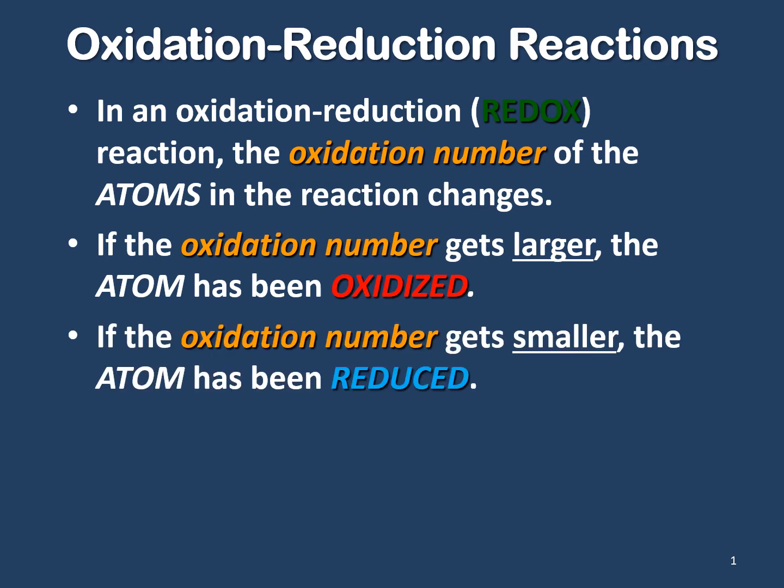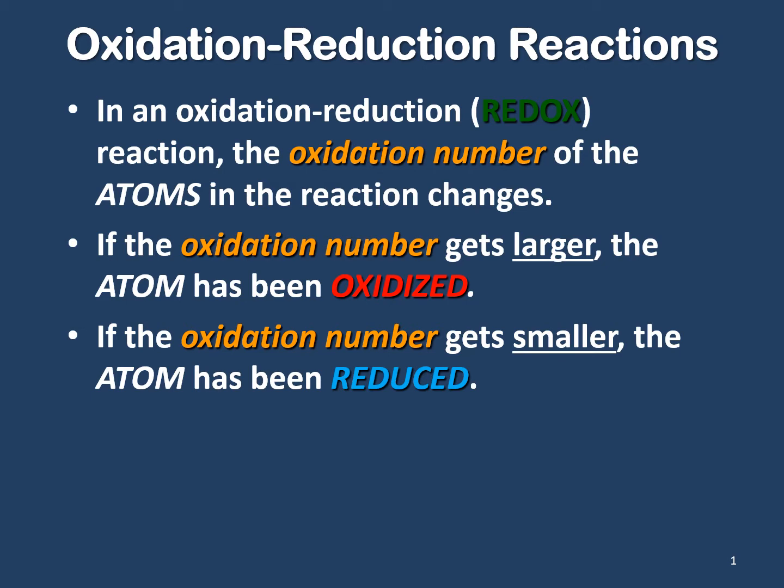If the oxidation number gets smaller, we say that that atom in that reactant has been reduced. And this is primarily how we would determine what was oxidized and what was reduced in a redox reaction, by looking at the oxidation numbers and how they're changing from the reactant side to the product side of a reaction.